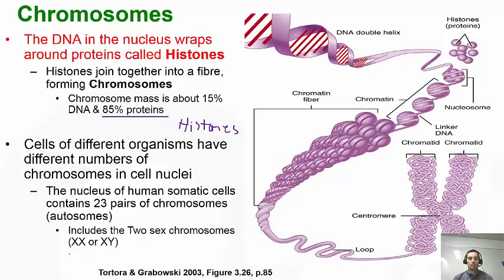So these will be double X if you're female, otherwise you'll have XY as your sex chromosomes. So takeaway from this slide, basically that we just use our histones to condense our DNA into chromosomes. And we need to do this because the amount of DNA we have is huge and we need a way of condensing this down.